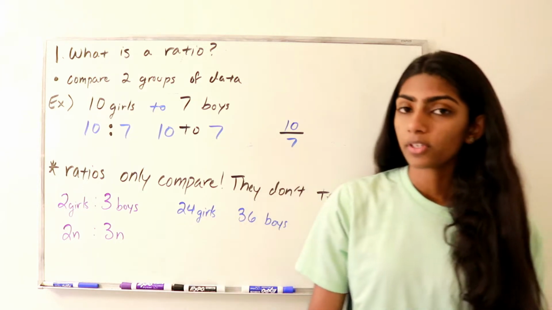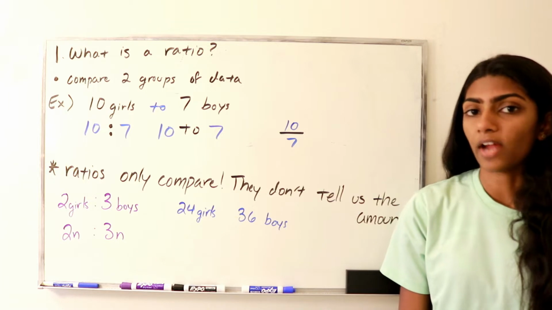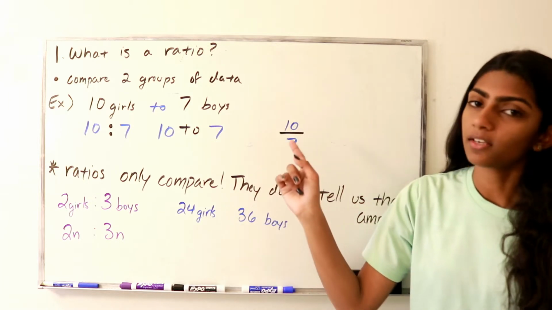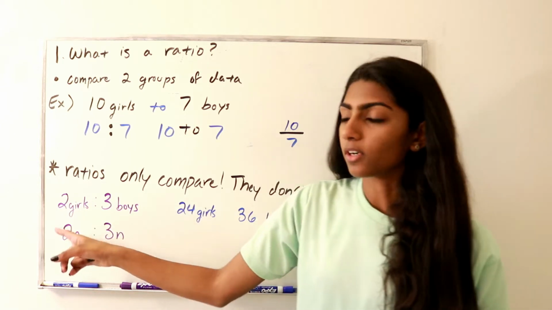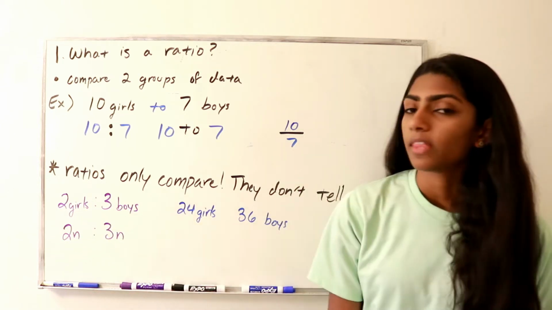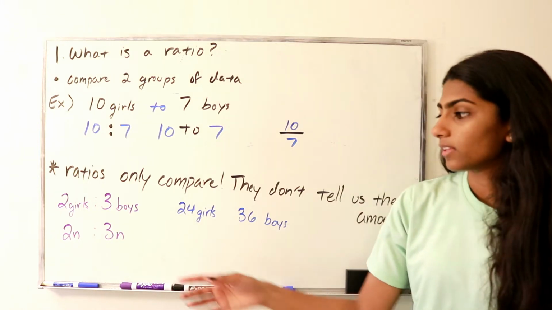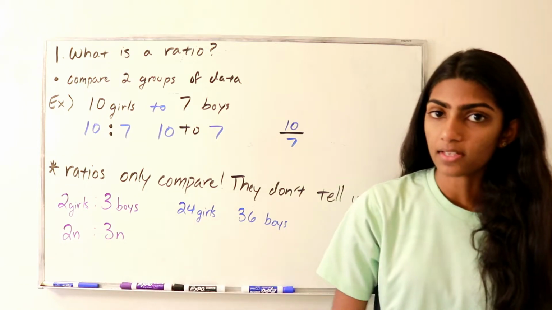Now, a really important thing about ratios is that you only use ratios to compare. They don't tell you the actual amount. In this example, they did tell you the actual amount. There were actually 10 girls and actually 7 boys. But if you look right here, our ratio is 2 girls to 3 boys. That doesn't mean that there's only 2 girls and 3 boys in the class. That just means that there's 2n girls and 3n boys, and we don't know what n is.